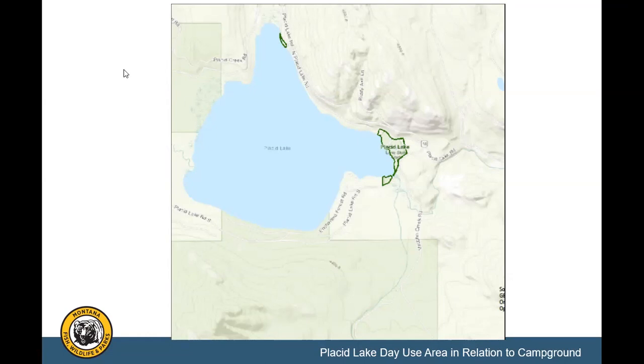So as I said, just kind of that difficulty of managing that remote site with limited staff that we have at Placid Lake State Park. Ryan manages 3 parks as well as some fishing access sites and a wildlife management area. And he's doing all of that with about 2 full-time and about 4 part-time people or seasonal people.